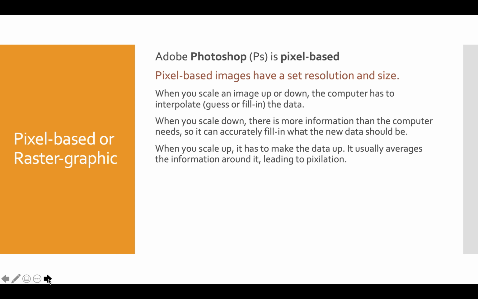So when you say, I want an image that is 1 inch by 1 inch at 300 dpi, it's basically made a little grid that's 300 by 300. And it's set what all the values are going to be in there so that you can get that really wide range of color. So when you change the size of the image, it has to do a bunch of calculations in order to figure out what values should go in the new grid.